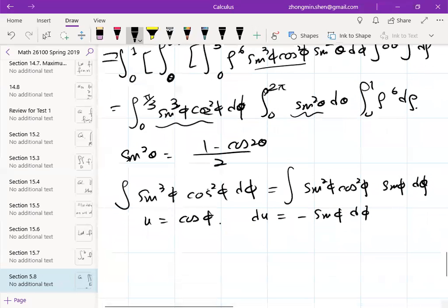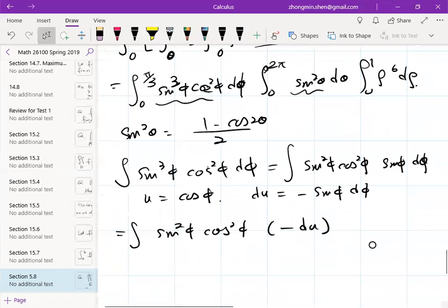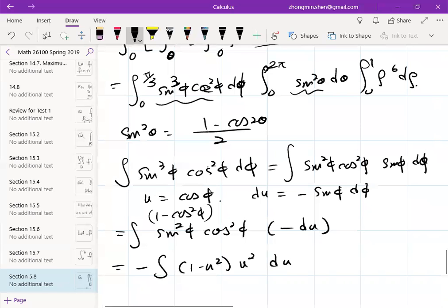Right, so the integral becomes sine square phi cosine square phi negative du. But how can I change the other part from phi to u? Because sine square phi is 1 minus cosine square phi, right? So you will get negative 1 minus u square and u square du.